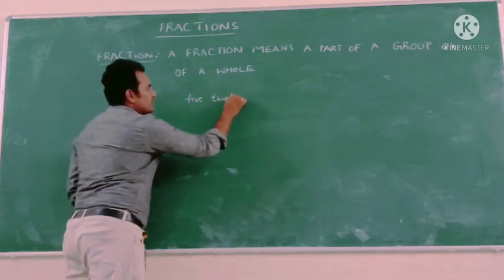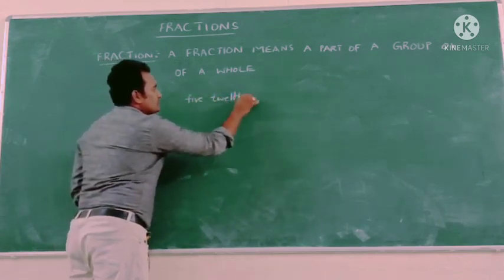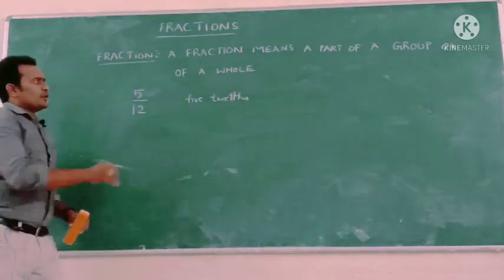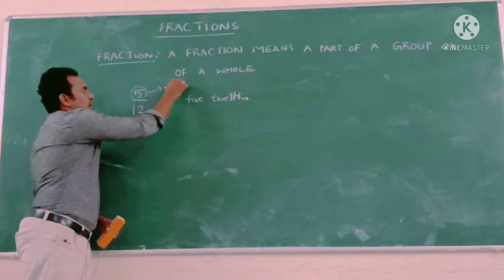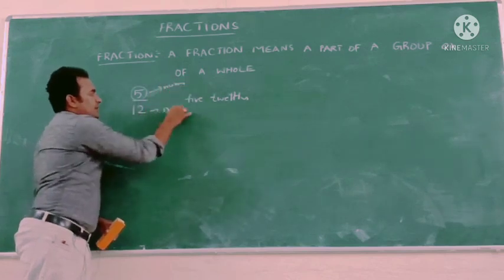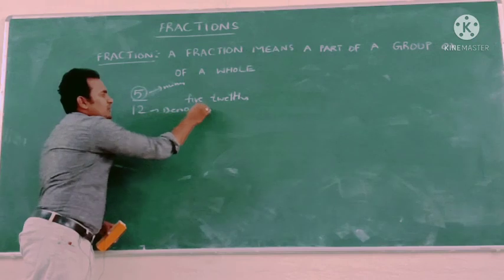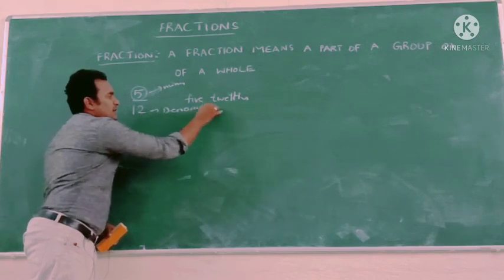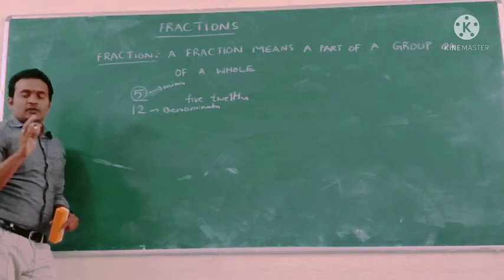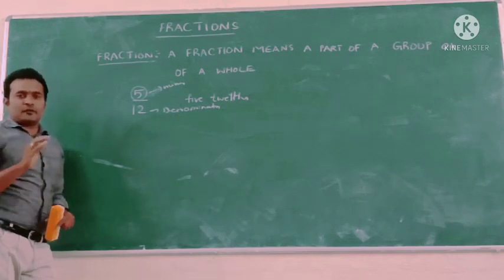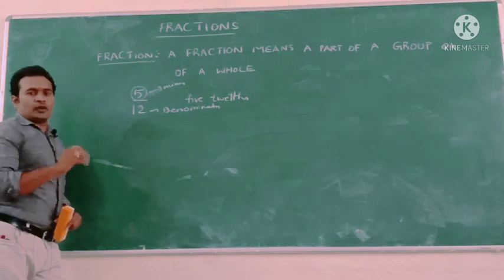Here 5 is called the numerator and 12 is called the denominator. 5 twelfths means 5 parts out of 12 parts.